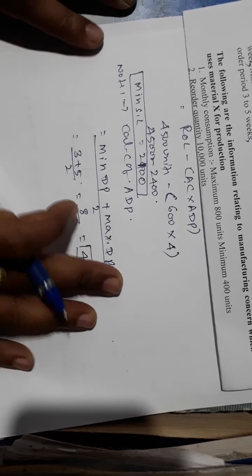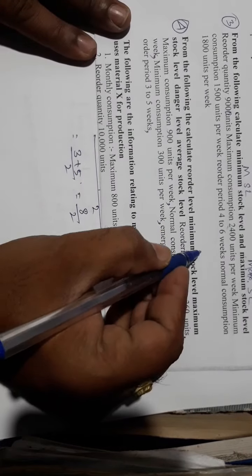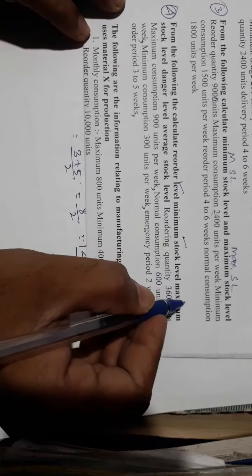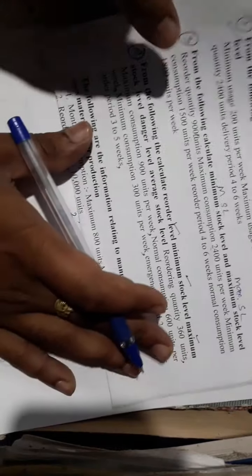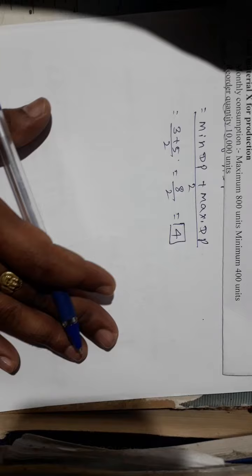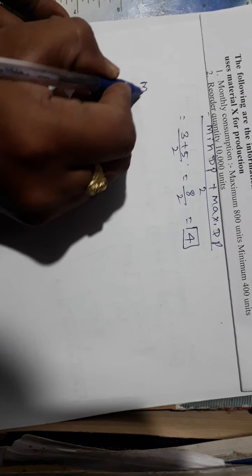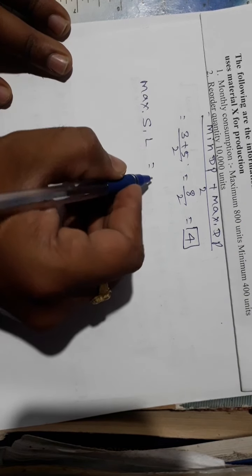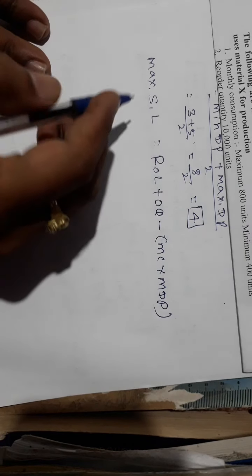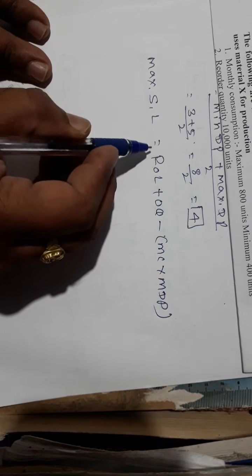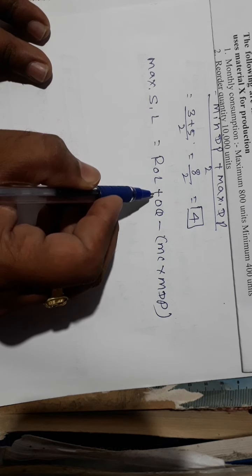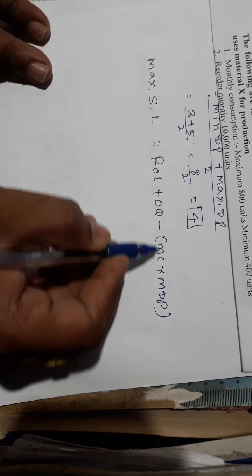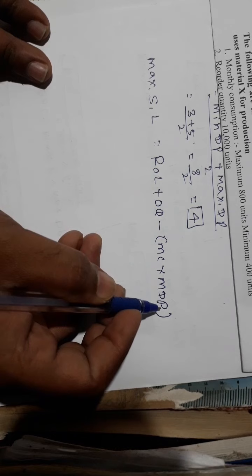The minimum stock level is over. Next we will go for the maximum stock level. The formula to recall is: maximum stock level is equal to ROL plus OQ minus MC into MDP.